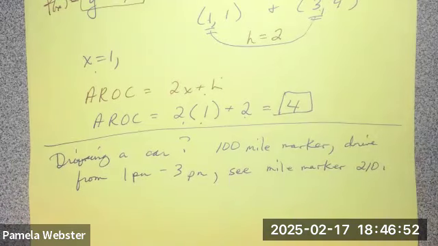And here's my question. You've been driving for 2 hours. Have you been driving the entire time at, say, 50 miles an hour or 60 miles an hour?